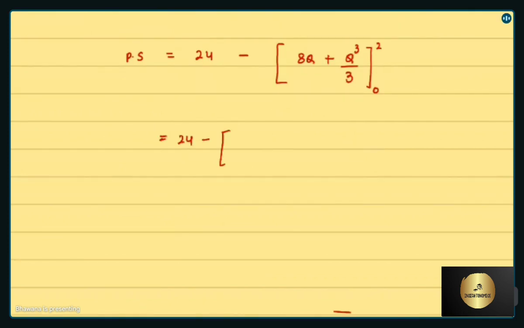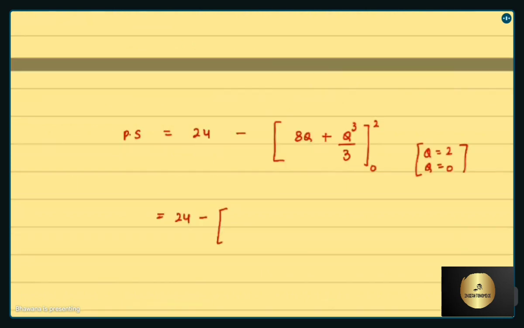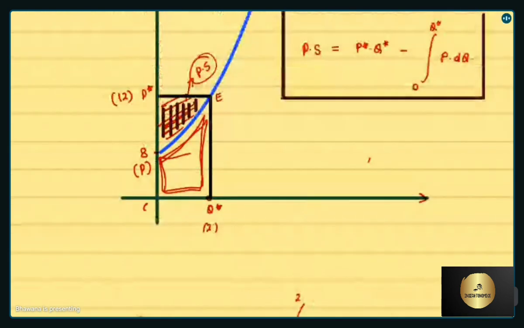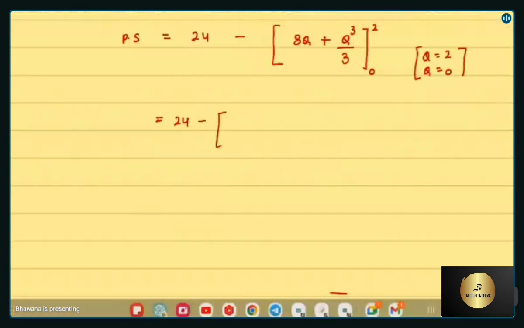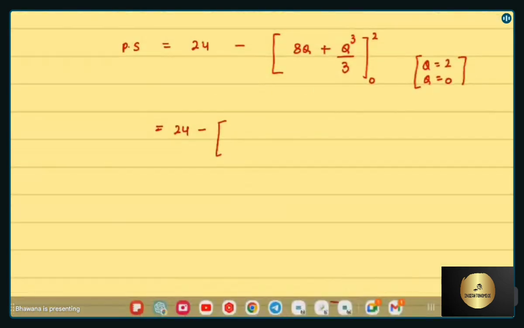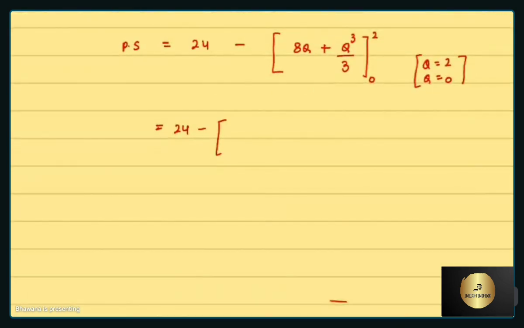24 minus, now put these values, first Q equals 2 and Q equals 0, because हमें कहाँ से कहाँ तक का एरिया चाहिए था? 0 से लेके Q स्टार तक का, इसलिए हम लोगों ने ये लिमिट्स लिए हैं. So first we will put Q equals 2 and then 0.